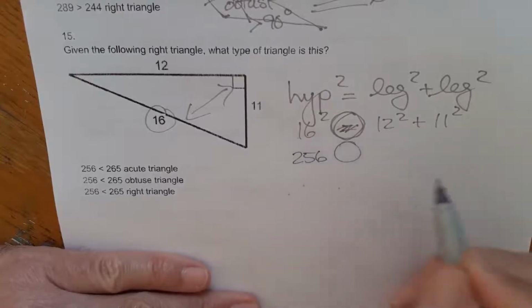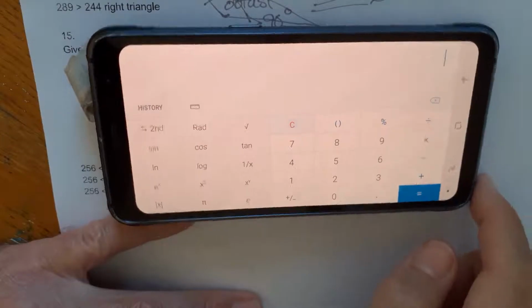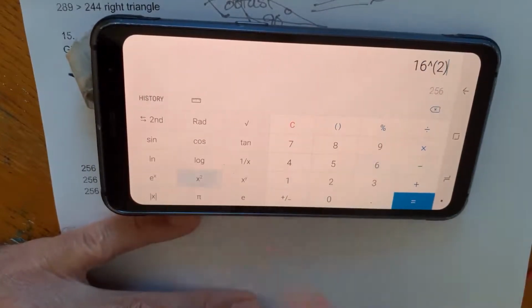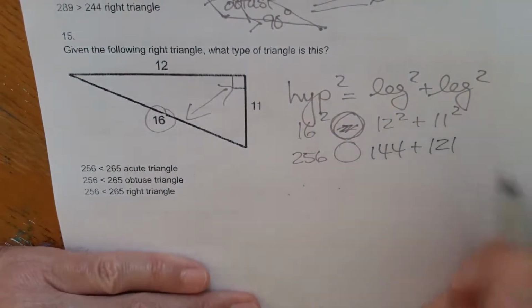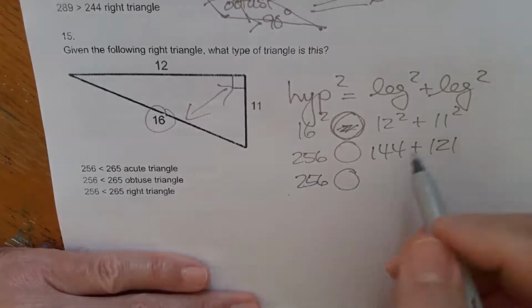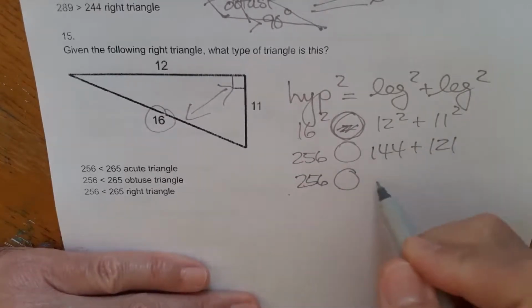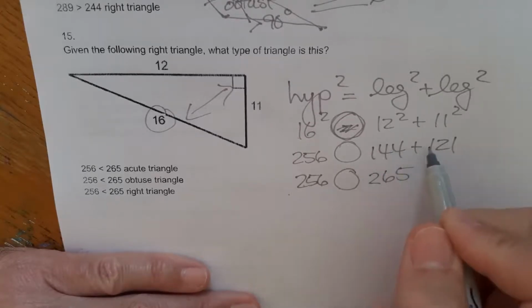Go ahead and type it in if you don't know. 144 plus 121. Circle, 256. 265. 5, 6, 2.